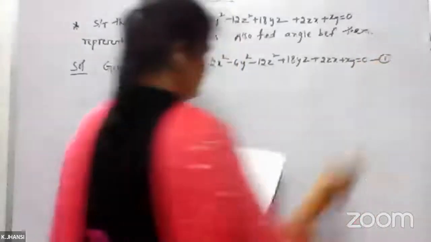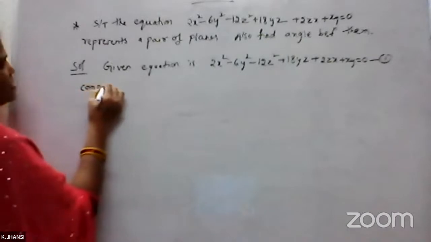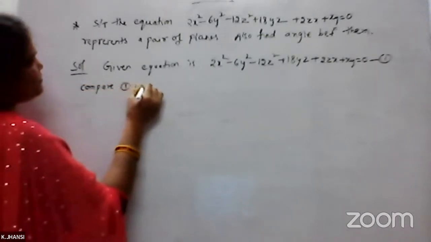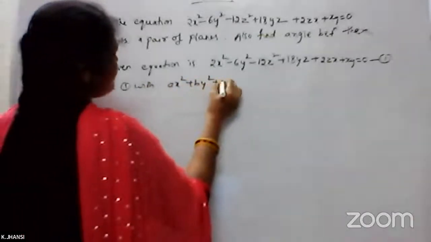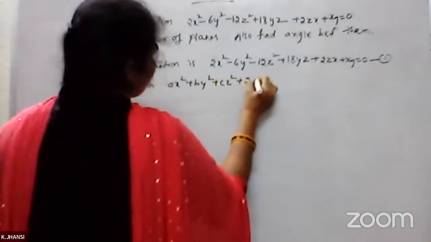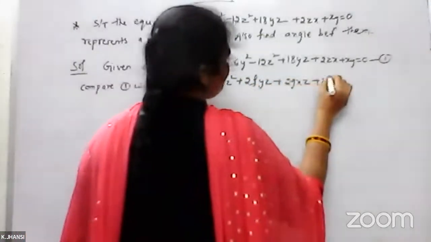You put it as equation 1. Compare 1 with the general equation: ax square plus by square plus cz square plus 2fyz plus 2gzx plus 2hxy equals 0.